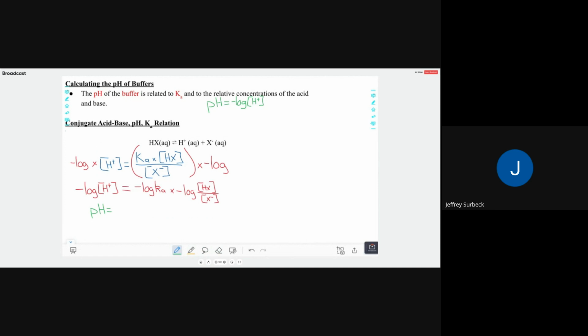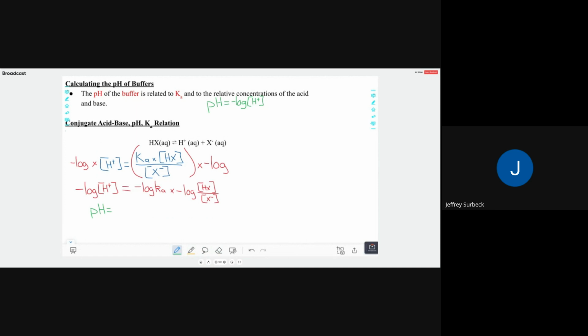Now, the next thing here, you might not exactly remember this, but with logarithms, we can do a couple of different things. Number one, we have negative log times a negative log. By rules of logarithms, let's get rid of this negative log of Ka.